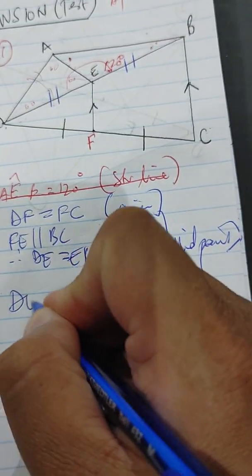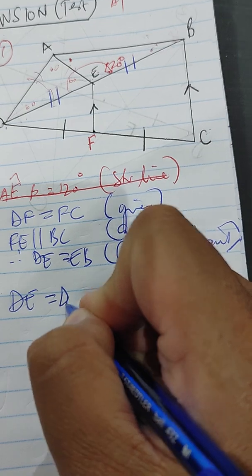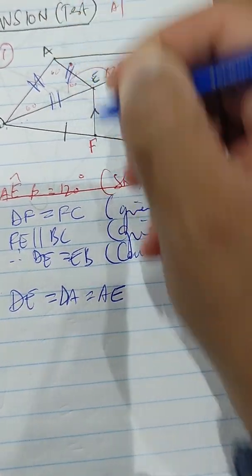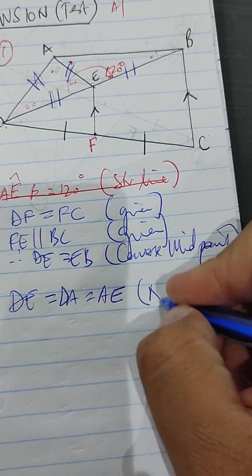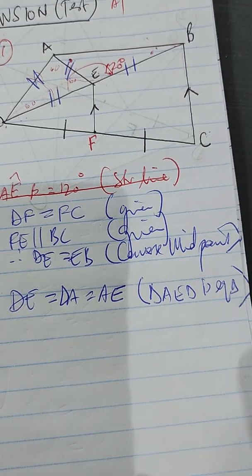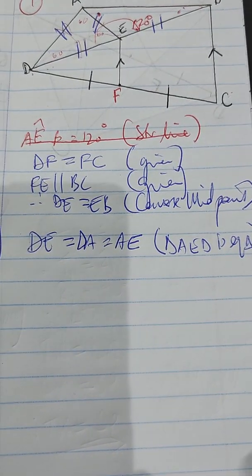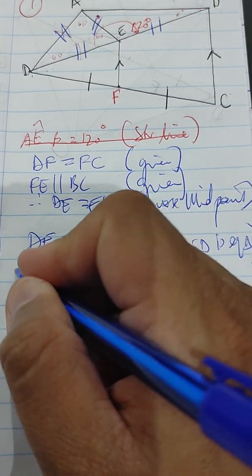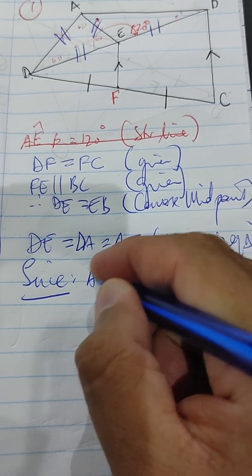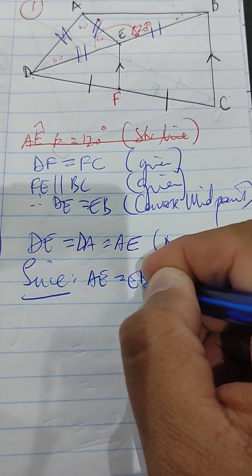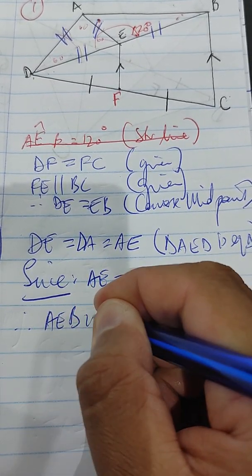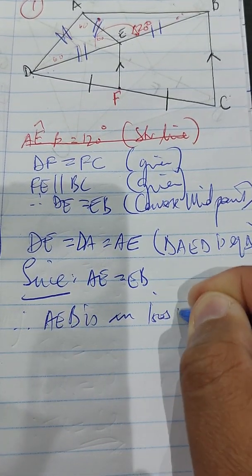Then we can say that DE is equal to DA, which is equal to AE. And where do we get that now from? From the fact that triangle AED is an equilateral triangle. Since that's an equilateral triangle, all those lengths are equal. So since AE is equal to EB, proven, therefore AEB is an isosceles triangle.